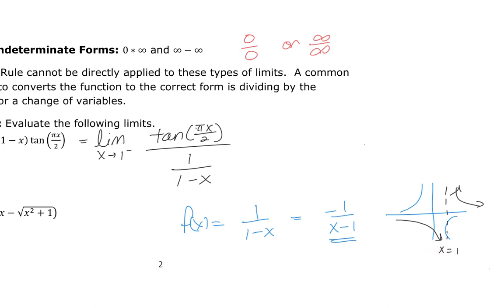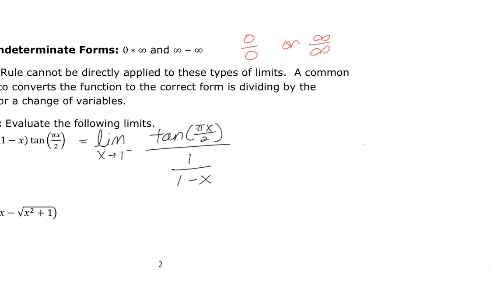It's okay to have positive infinity over negative infinity. So let me go ahead and erase this. I was just confirming that I can set it up this way. Now let's go ahead and do the derivative. By L'Hopital's, we're allowed to do this. So this is equal to, by L'Hopital, the limit as x approaches 1 from the left. I'm going to take the derivative of a tangent, which is secant squared of pi x over 2 multiplied by pi over 2.